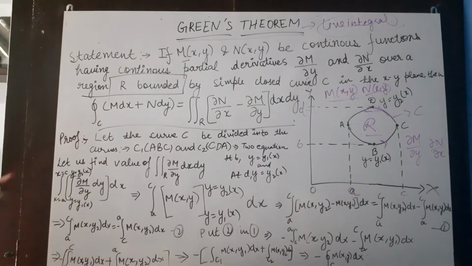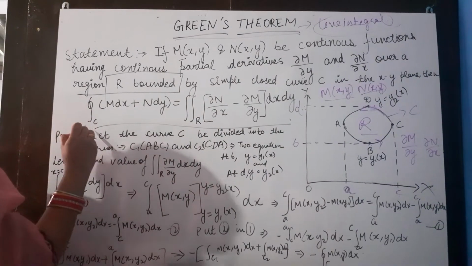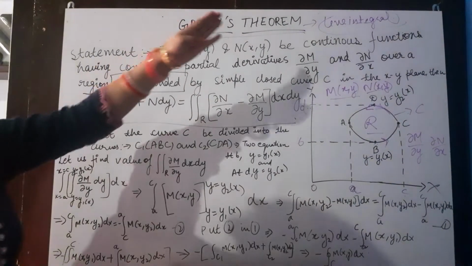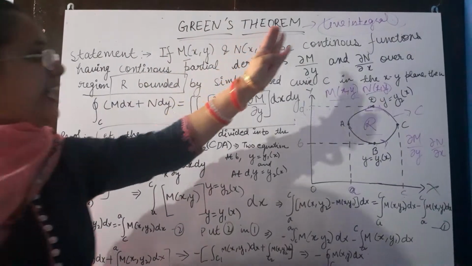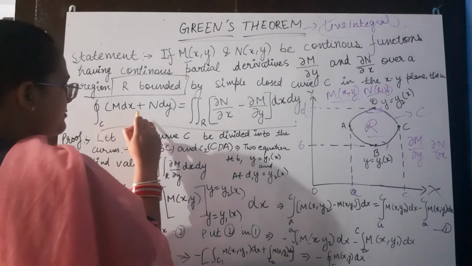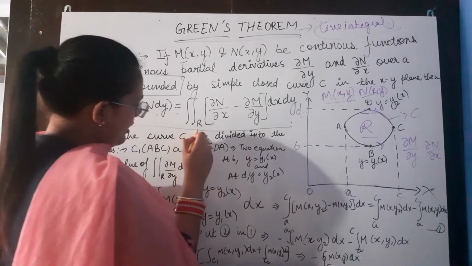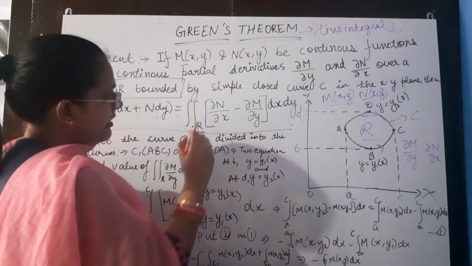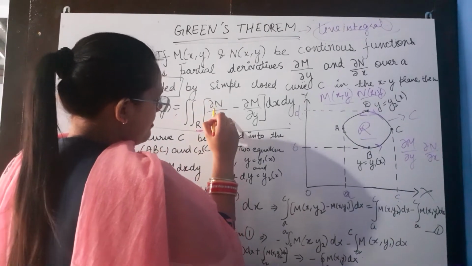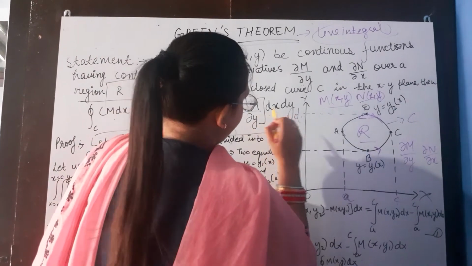Then the line integral of M dx plus N dy is equal to the double integral over the region R of (∂N/∂x minus ∂M/∂y) dx dy.